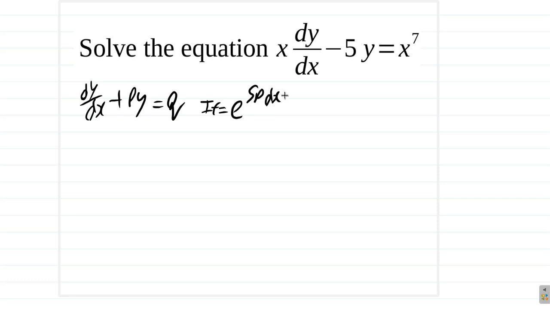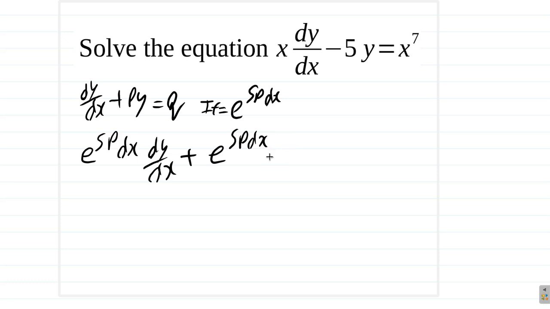After that, the integrating factor is going to be that you multiply and say you have e to the integral of p dx dy by dx plus e to the integral of p dx times py equals e to the integral of p dx times q. Alright?